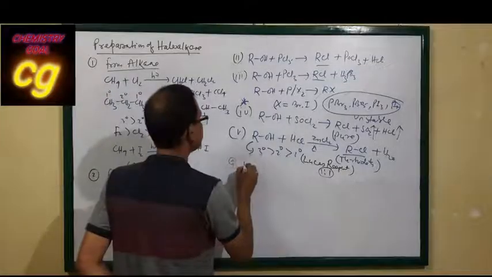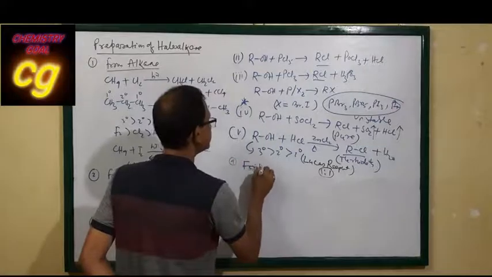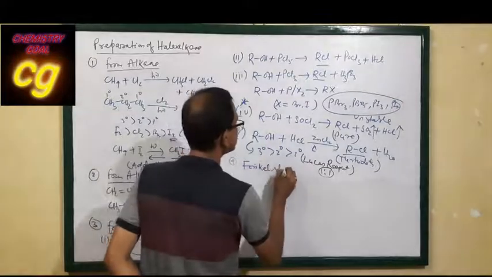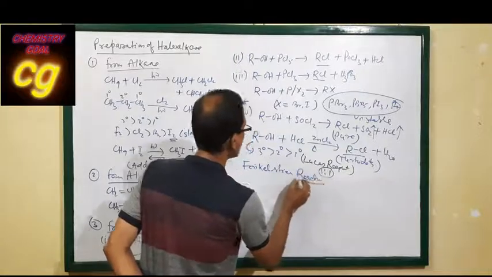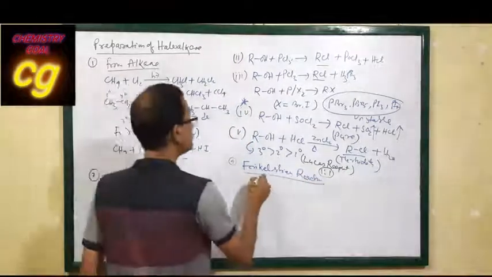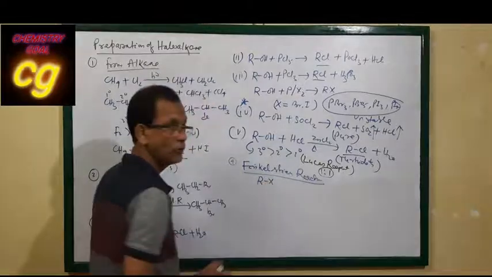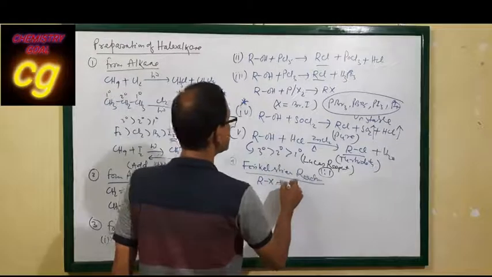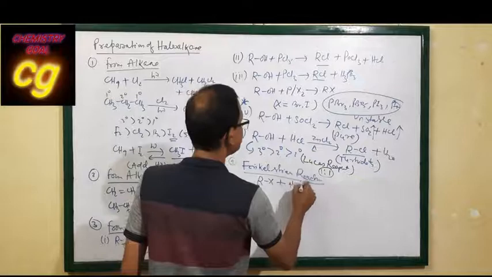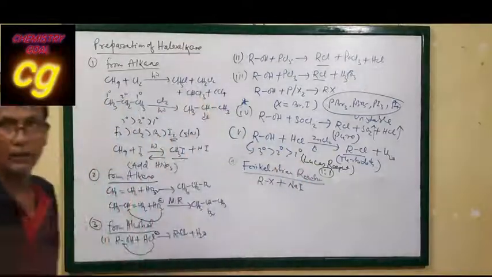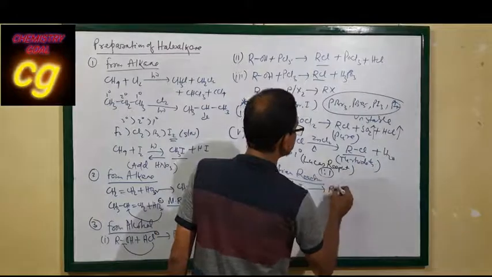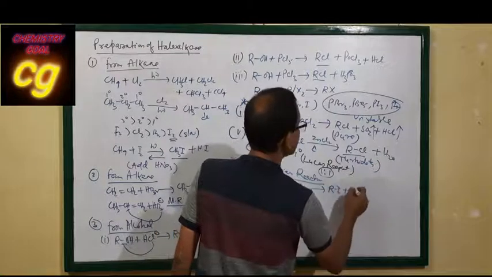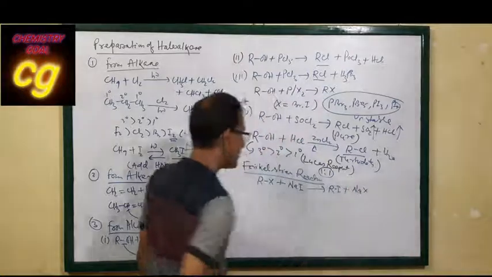Finkelstein reaction. In this reaction, you take a haloalkane, which reacts with sodium iodide to produce RI and NaX.